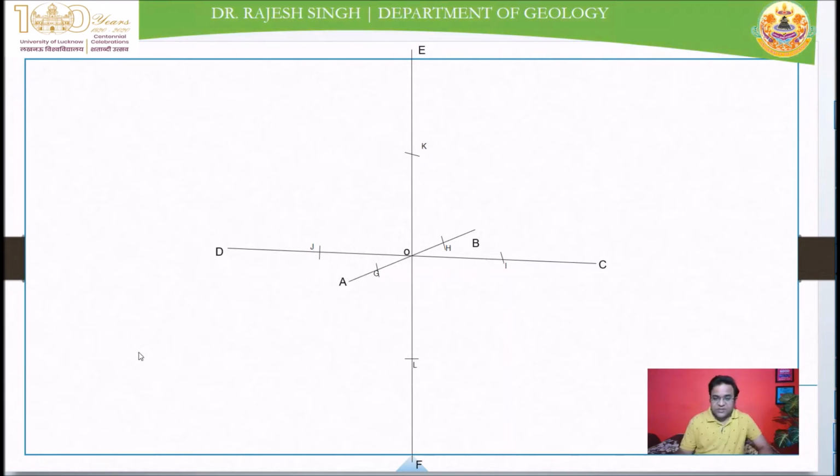In the next step, what are we going to do? We are going to join these midpoints to the endpoints of the axes. So it means this is the midpoint of the A2 axis. It is already on the same line where the A2 axis is going.